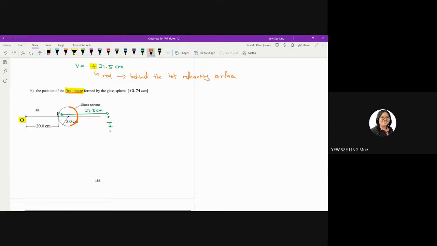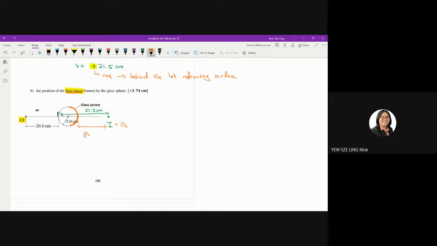Right now, we are going to take the image as the second object, the object for the second refracting surface. And this is the refracting surface. So the distance is no longer 21.5 cm, and it's no longer 20 cm. What we want is this u2.